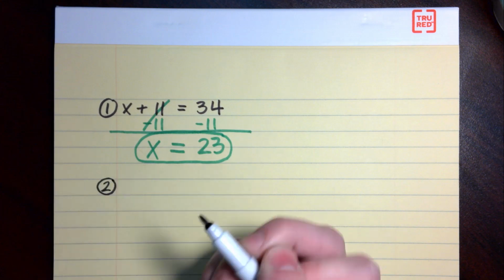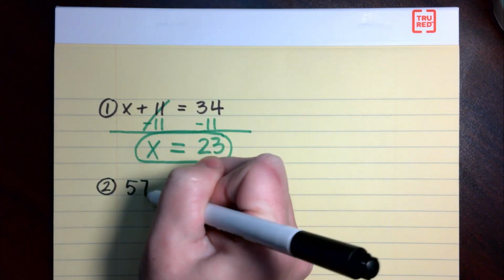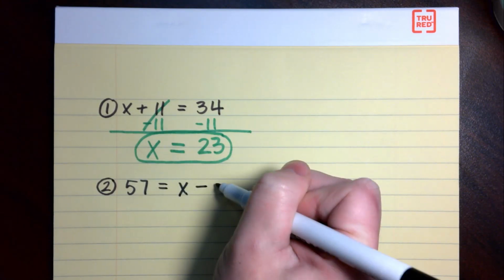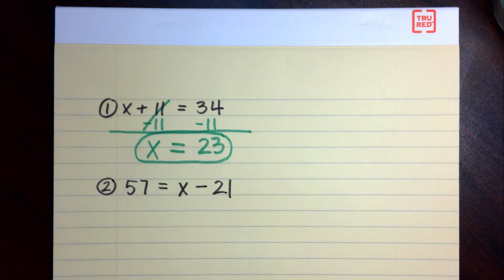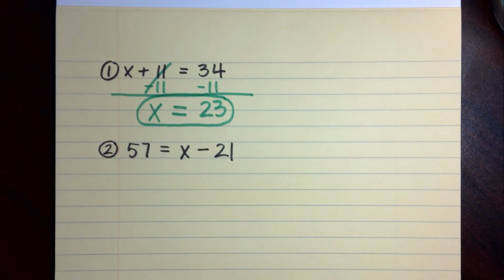Okay, let's look at number 2. For number 2, we had 57 equals x minus 21. What are we doing here? Guys, you said the same correct thing, just the opposite ends of it.